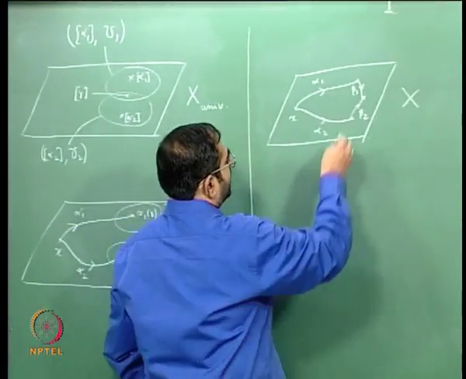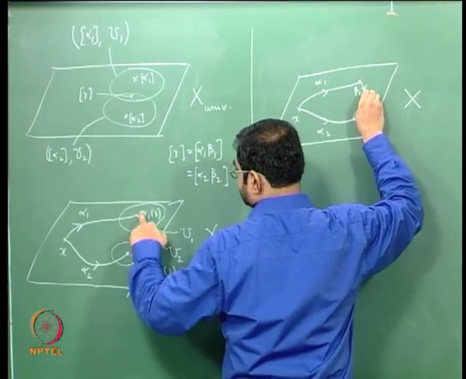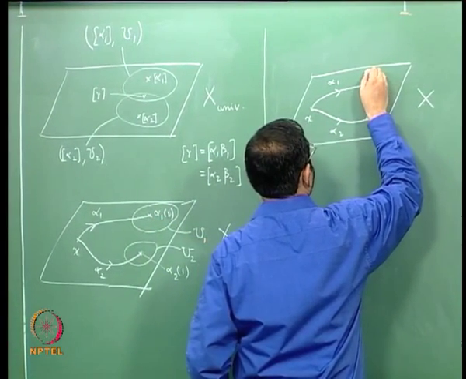So it means that this point is in the intersection of u1 and u2.